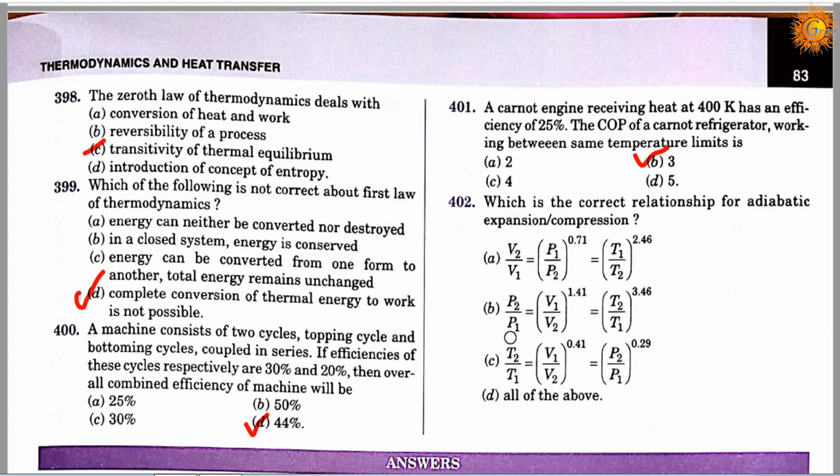Option B, P2 upon P1 equal to V1 upon V2 power 1.41 and equal to T2 upon T1 power 3.46, and option C is T2 upon T1 is equal to V1 upon V2 power 0.41 and equal to P2 upon P1 power 0.29, and option D is all of the above. So correct answer is D, all of the above.